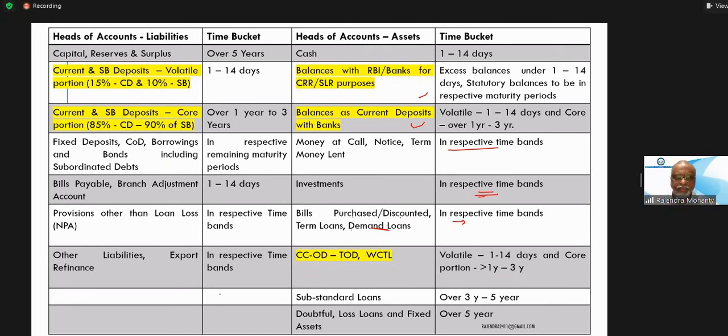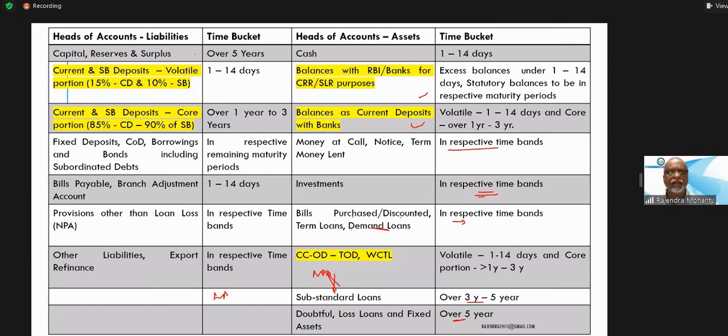Now the NPA provisions. These two are NPA provisions. For them, the substandard loan provisions are to be kept under 3 to 5 years. Doubtful and loss assets, as well as the fixed assets, whatever the bank is having, will be put under over 5 years.